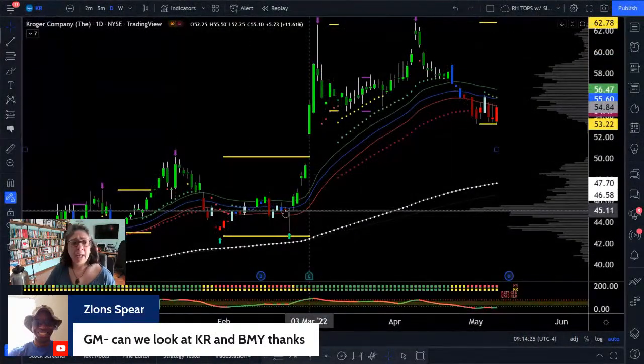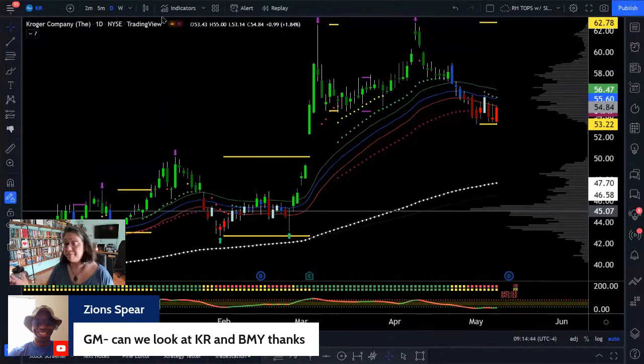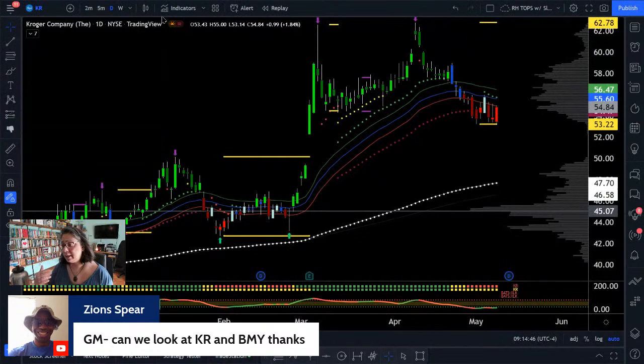Hey, there's Zion there. Kroger. So I'll tell you, Kroger is kind of part of that whole food and inflation narrative that was really looking good. Entered, paper cut. I'm done. There's a number of corners of this market that were so good for so many weeks, actually a couple of months, and they've broken, mostly attached to miners, some to metals, definitely to some of the inflation and commodity narratives.